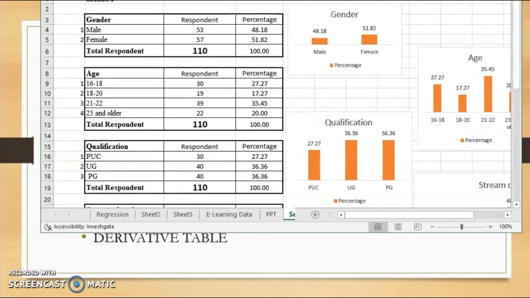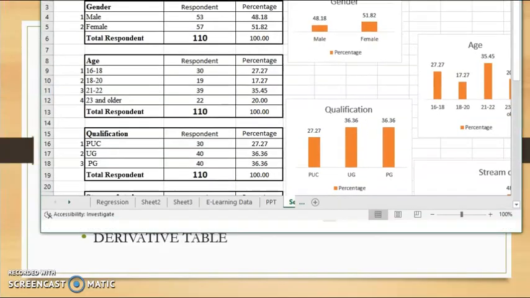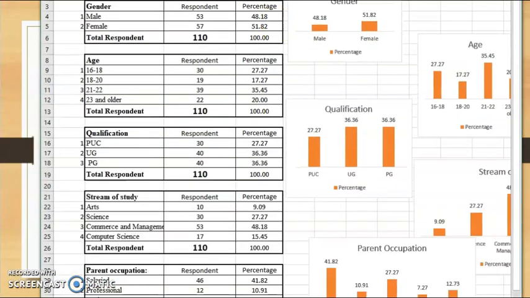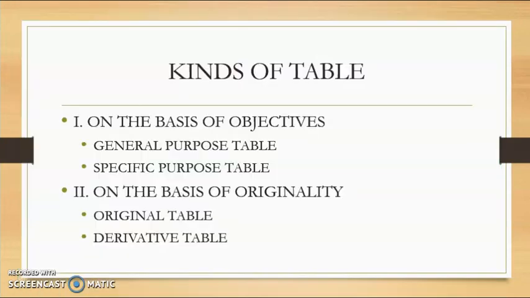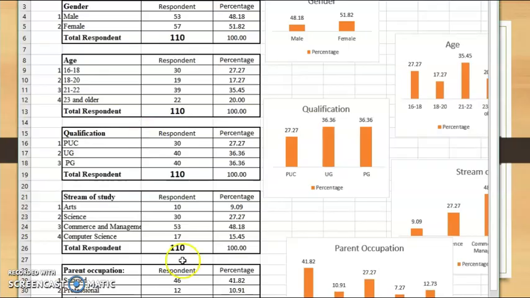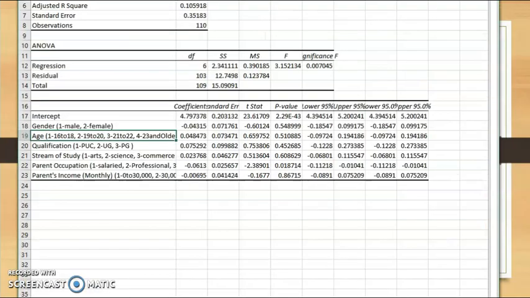Okay, so gender specific, age specific, or qualification, streaming, or the parent occupation. So what exactly you're going to do, how specific, what specifically you're going to mention. Or in general, how general you have to make.